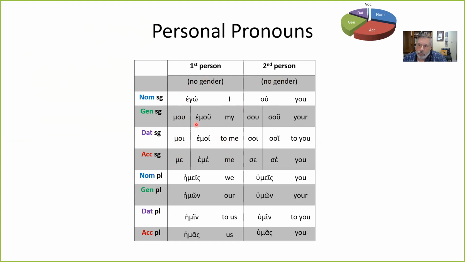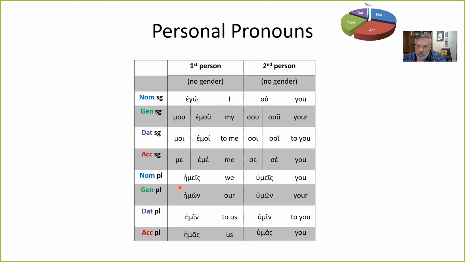And we notice that there's emou, emoi, eme, making it emphatic, that is adding some emphasis, normally a contrast, I, not you, or me, or mine, not yours. So there's normally emphasis that doesn't come across very well in English. The Greek brings it out with adding the epsilon before it for the first person.